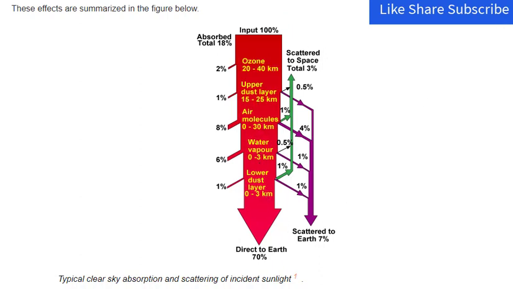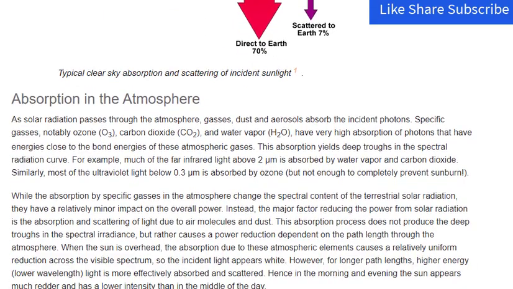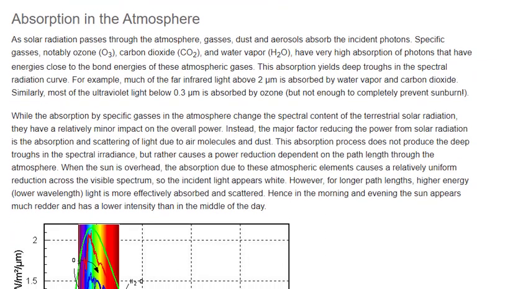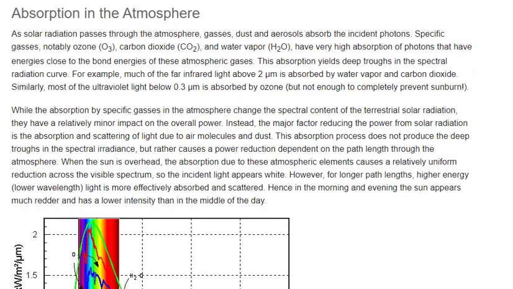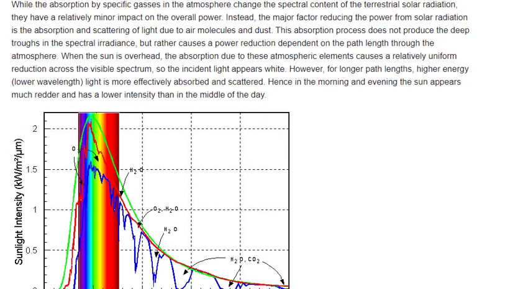Typical clear sky absorption and scattering of incident sunlight. Absorption in the atmosphere. As solar radiation passes through the atmosphere, gases, dust and aerosols absorb the incident photons. Specific gases, notably ozone (O3), carbon dioxide (CO2), and water vapor (H2O), have very high absorption of photons that have energies close to the bond energies of these atmospheric gases.